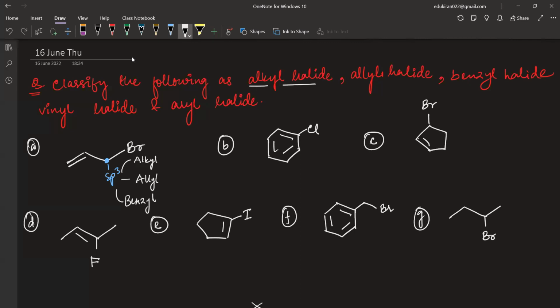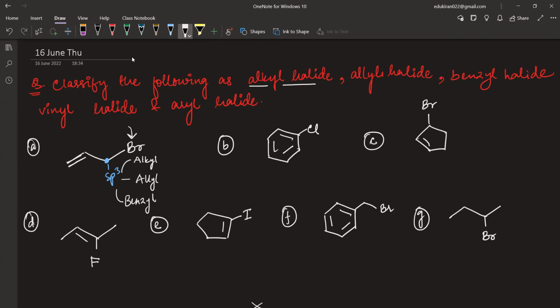Halogen connected to sp3 carbon, which is further connected to carbon double bond carbon. So tell me, why did you not say allyl halide? How can you say it is alkyl halide? It is not double bonded, right, sir? Once again, tell me the definition and look on the screen.